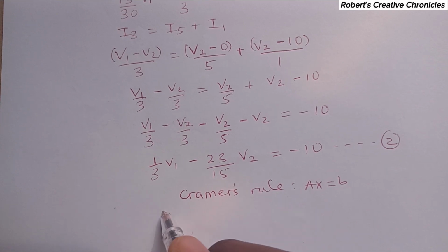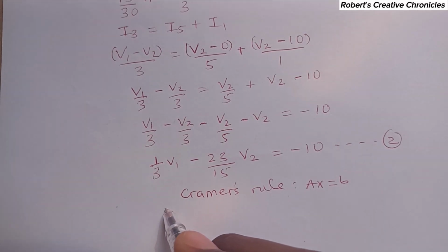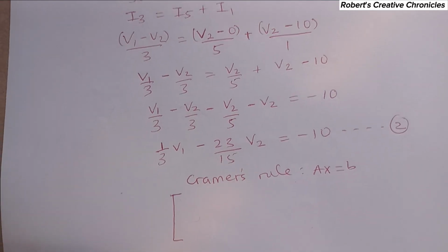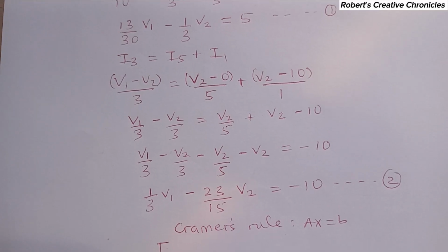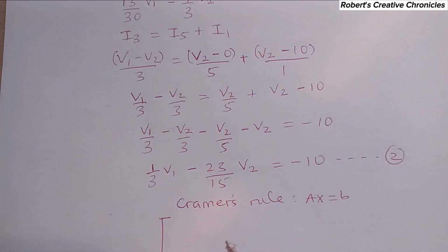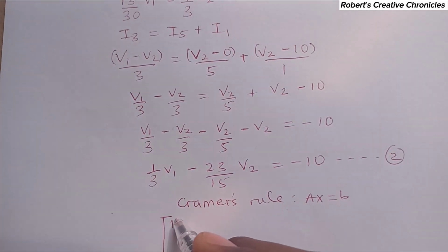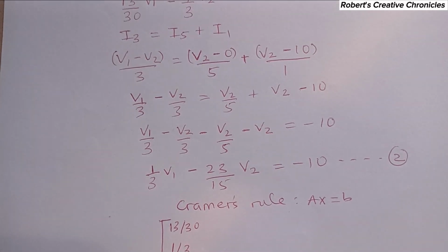So A is the coefficient of V1 and V2. So in the first equation, the coefficients of V1 and V2 are 13 over 30 and 1 over 3.